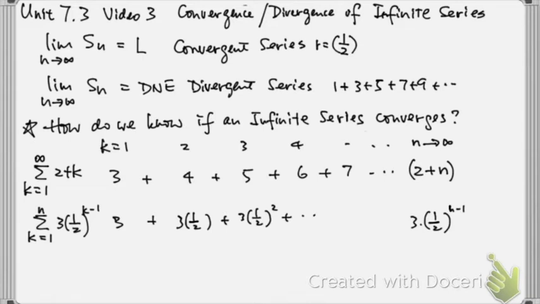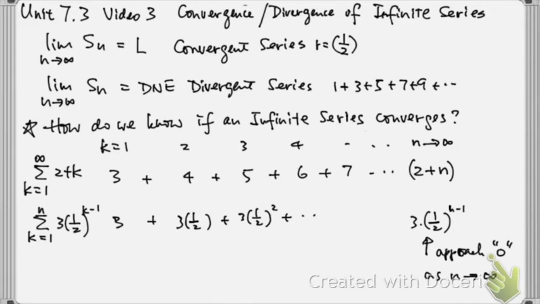You notice that as n approaches infinity, the term itself approaches 0. That means as n gets very large, what you're adding to the partial sum becomes less and less. And in fact, it becomes so insignificant that it doesn't really change the sum as n approaches infinity.